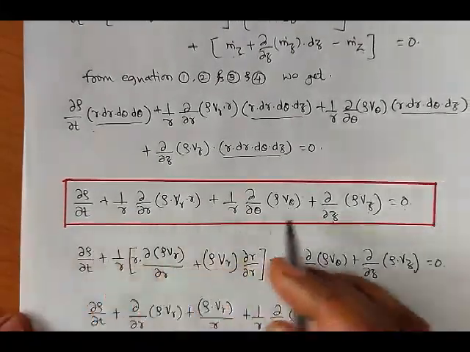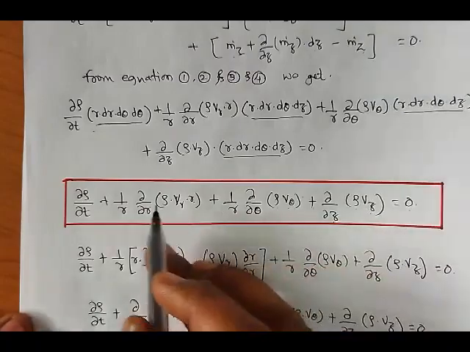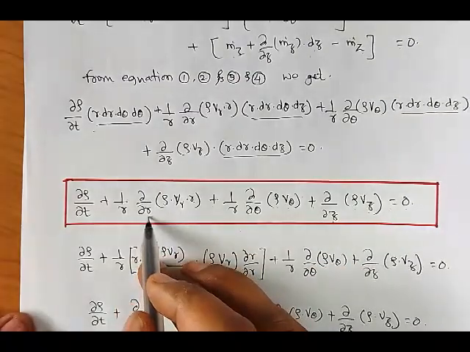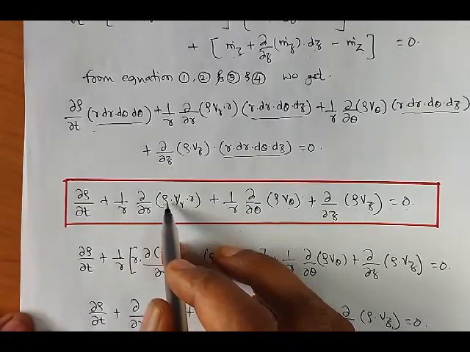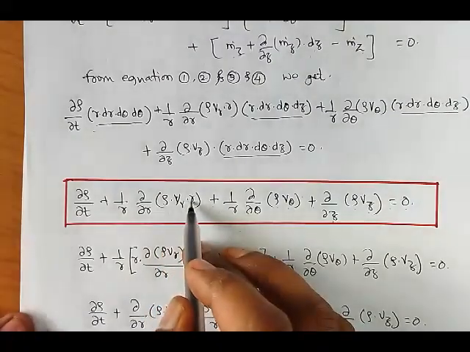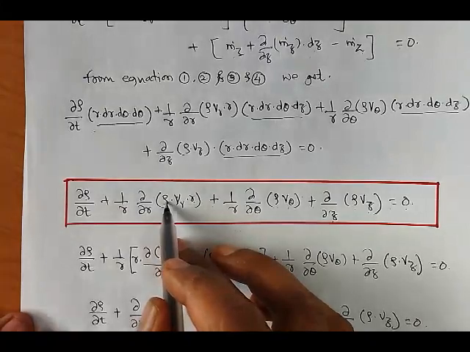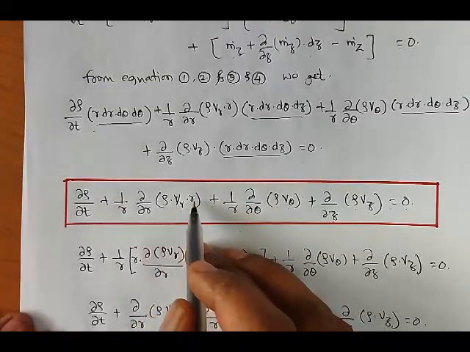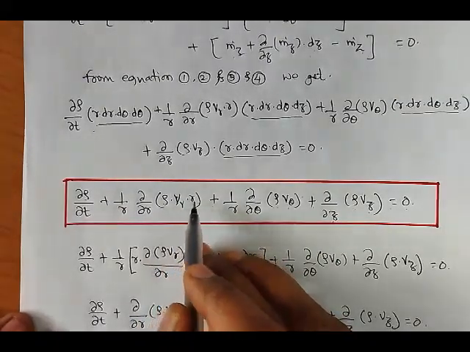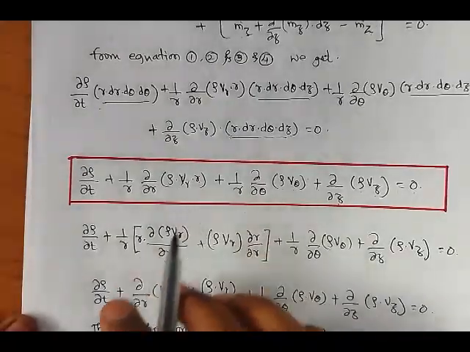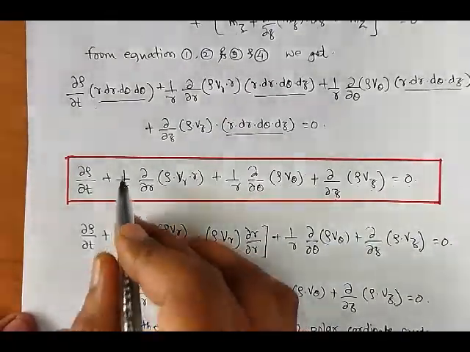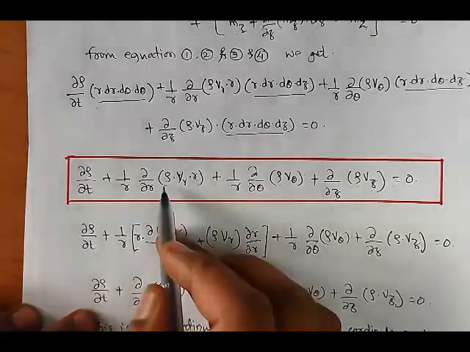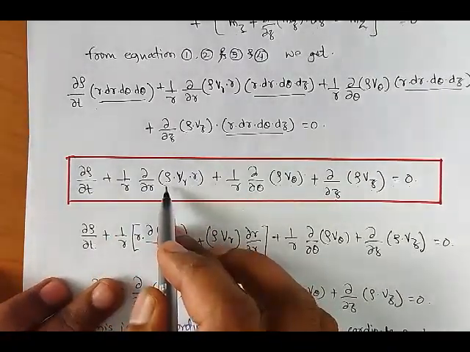Now we are going to simplify this equation. In the ∂/∂r term, the inside has ρ, v_r and r. So there are two terms, density multiplied with velocity, and the other term is the radius. We are going to solve this. We have ∂ρ/∂t plus 1/r as it is. Now we simplify this derivative.